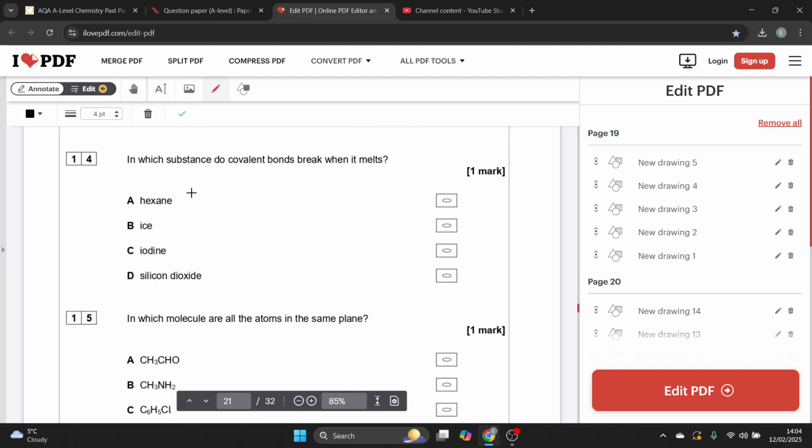Question 14. In which substance do covalent bonds break when it melts? Silicon dioxide, because what's the key fact about silicon dioxide?